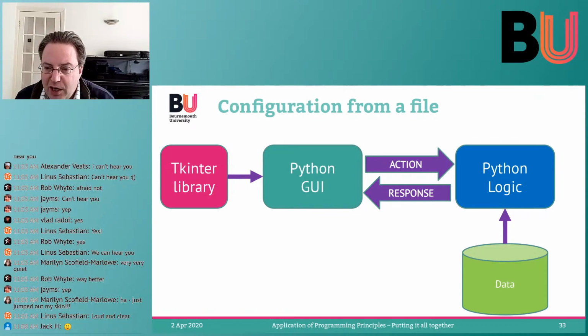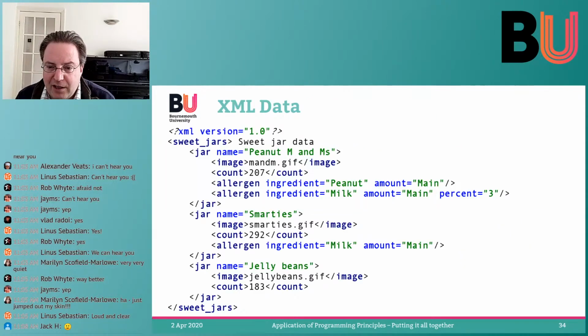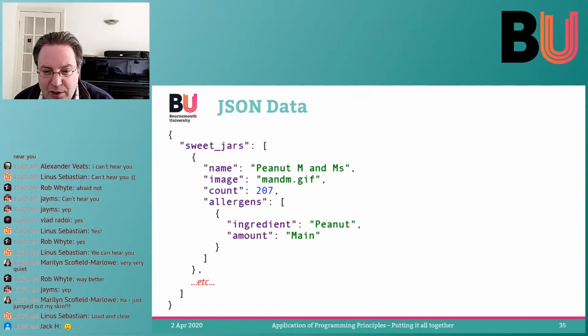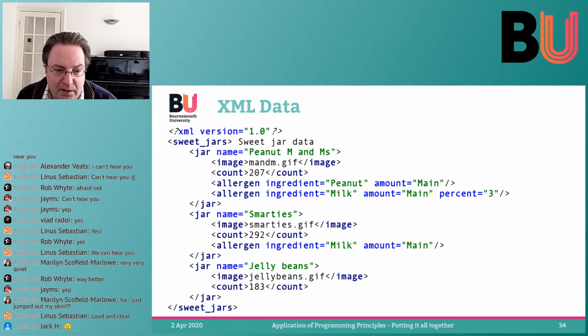So you can, for example, have data like this. Okay, we have different kinds of things that we have in our jars. We got an M&M jar, has certain image and has certain properties, etc. And you can of course do that in JSON as well. You can see that JSON is structured a little bit differently and works a little bit differently than this XML, sorry.